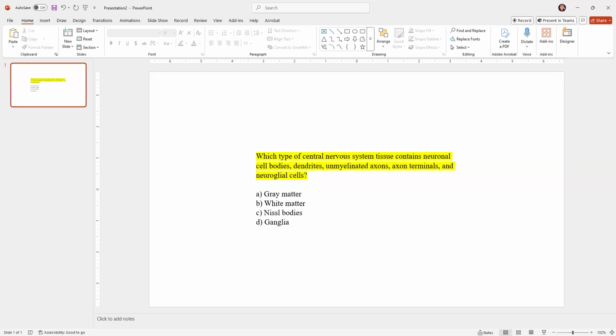It's not the gray. So the white matter, it makes up most of the axons, correct? The white matter is literally the multiple layers of the myelin sheath around the axon. That is your white matter.